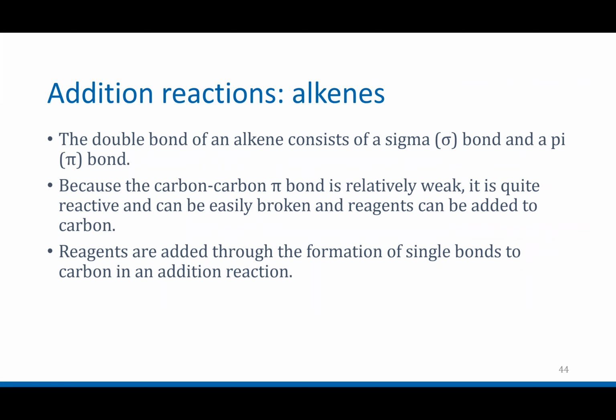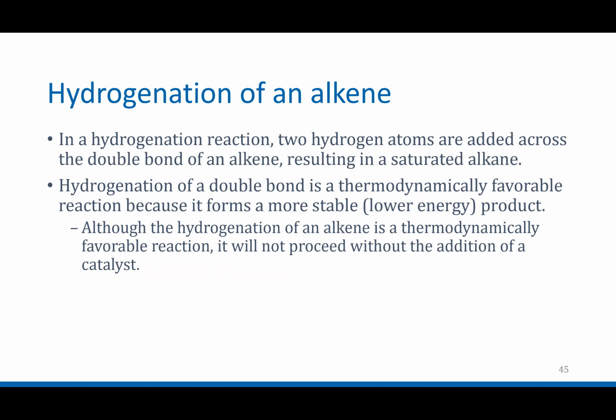So they can be broken much easier. And when you break a bond, these carbons are looking to bond to something else. And then you can add things to it, like halogens and hydroxyl groups, OH.